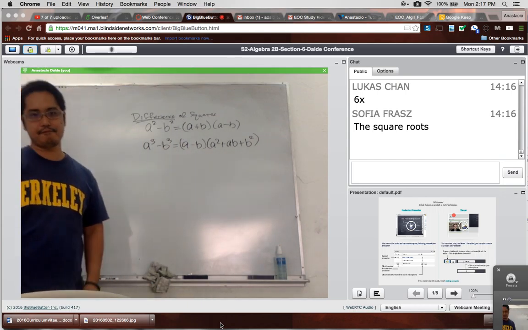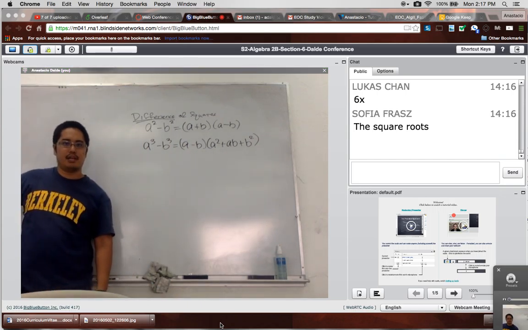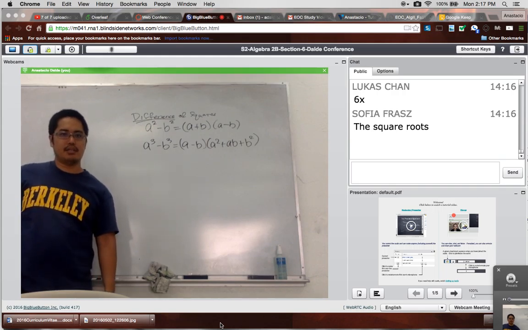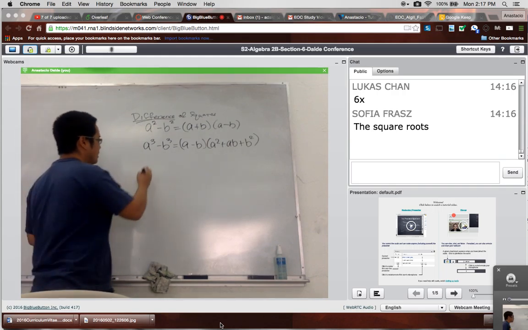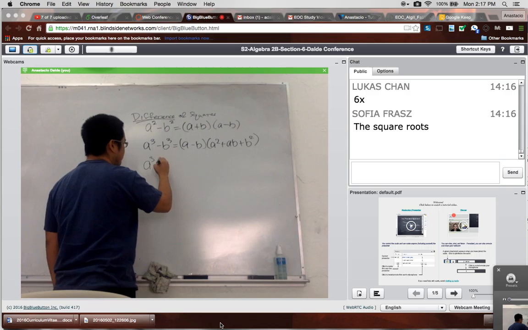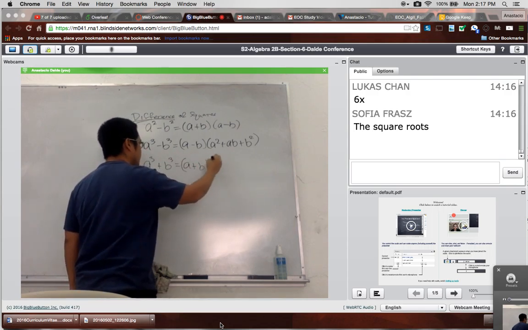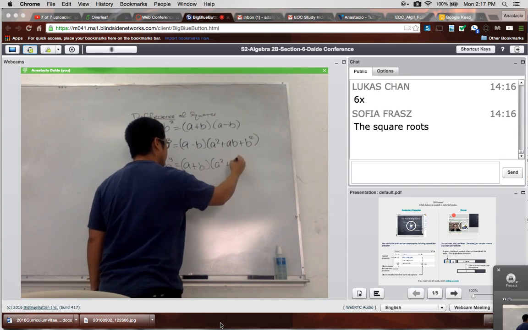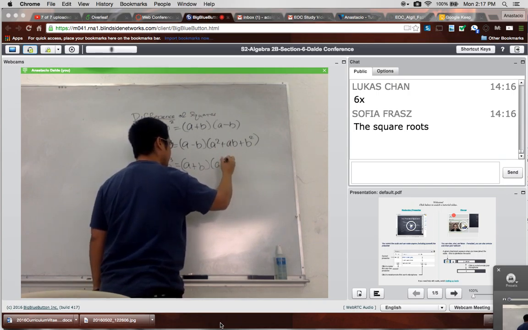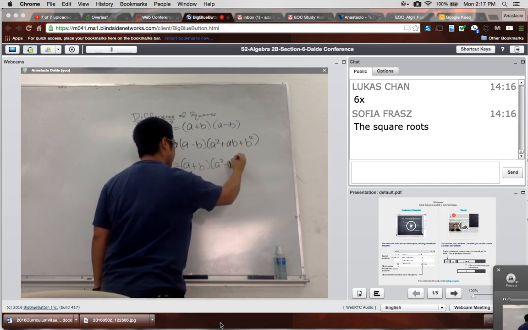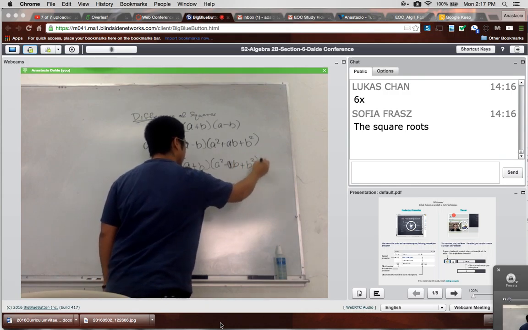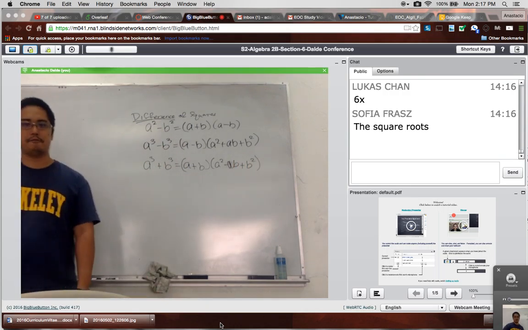Yeah. And then the difference of, or the sum of cubes, a cubed plus b cubed is equal to a plus b times a squared minus ab plus b squared. All right.